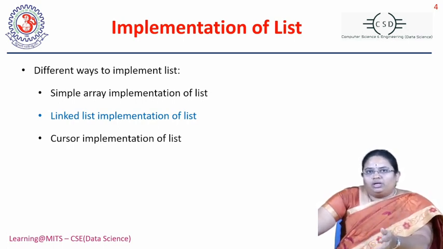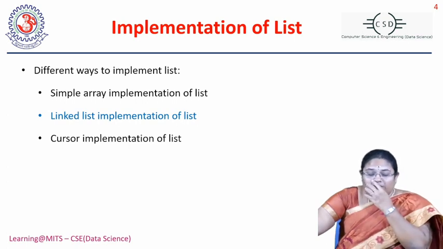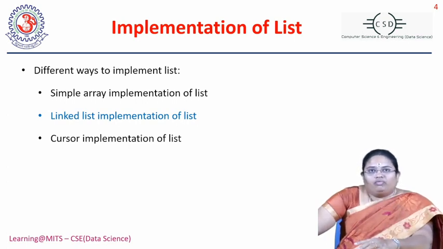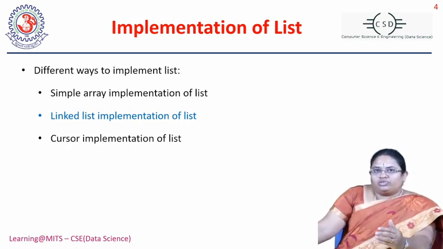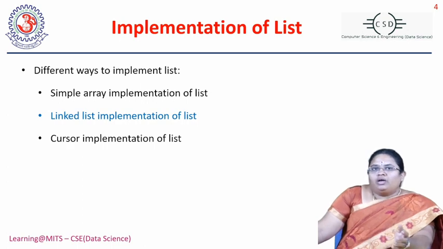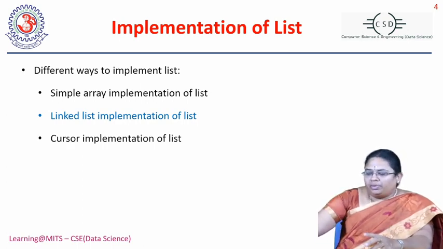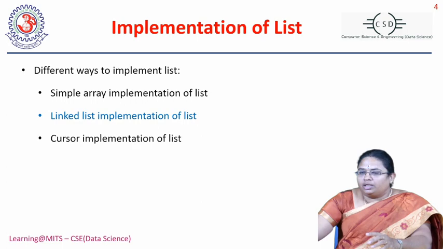That makes insertion and deletion complicated. Also, the second problem is that we had to declare the size of the array earlier. To overcome these disadvantages of arrays, we are moving to implementing the list ADT using linked list.